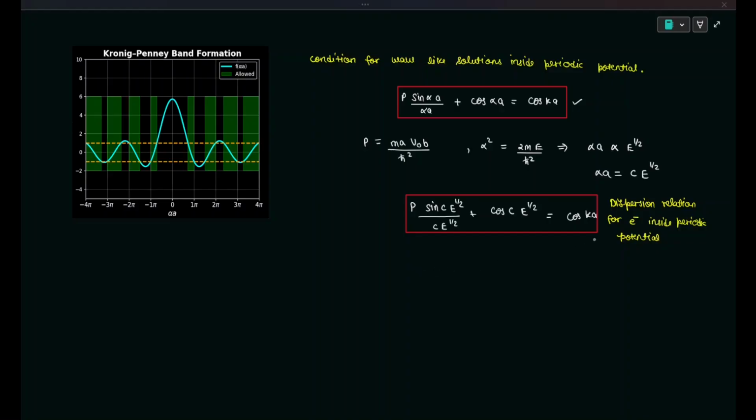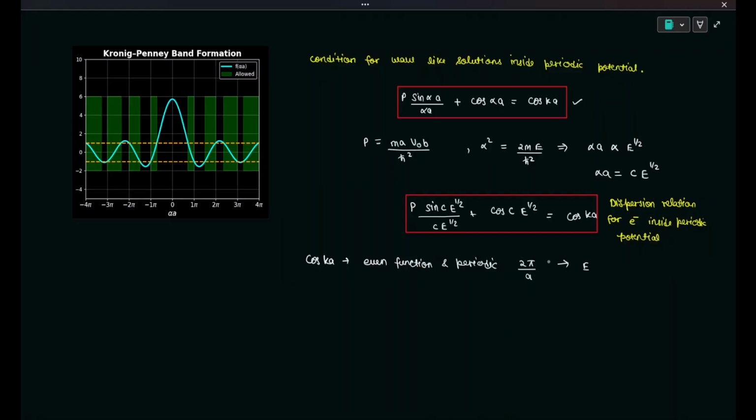Before that, notice here that cos Ka is an even function. Also, it is periodic, and its period is equal to 2 pi by a. So this means that the energy will also have a similar sort of behavior, that is, the energy will also be an even function and it will be periodic with period equal to 2 pi by a.